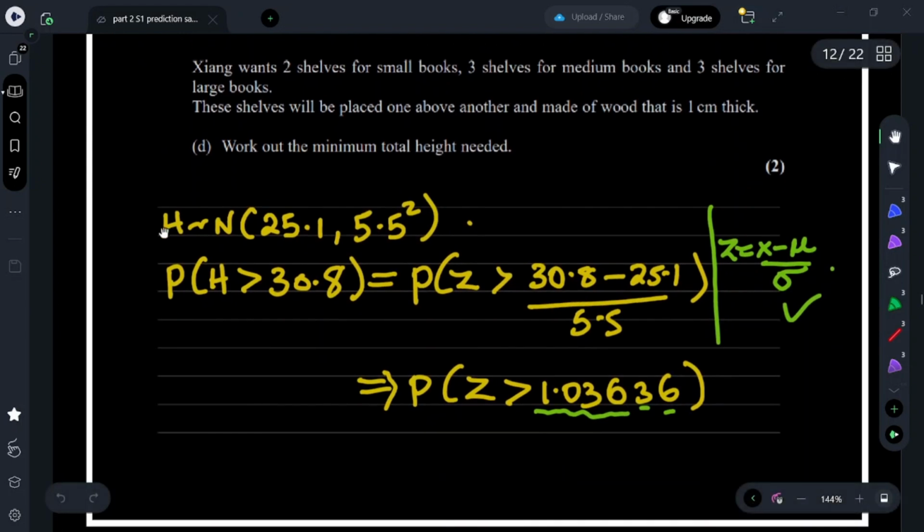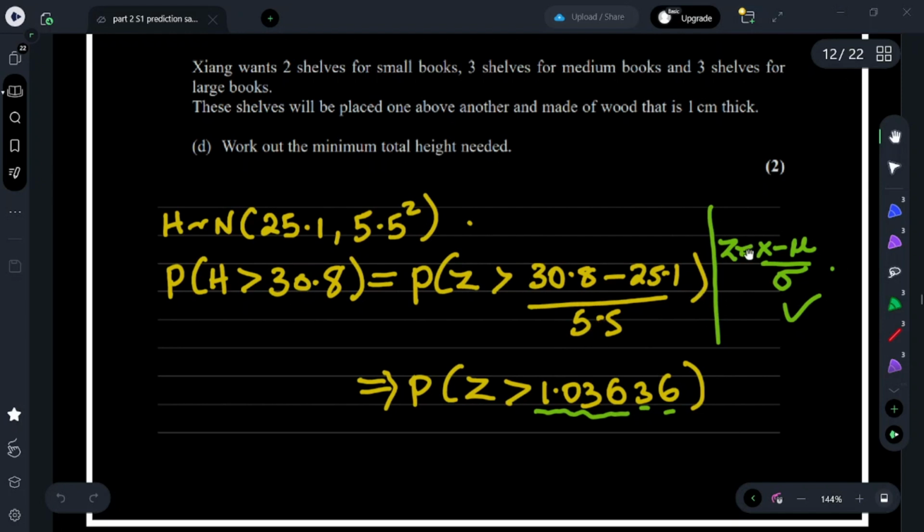We already know that H has a normal distribution with a mean of 25.1 and a variance of 5.5 squared. So the probability that H is greater than 30.8 is equivalent to the probability that Z is greater than 30.8 minus the mean, divided by the standard deviation 5.5.